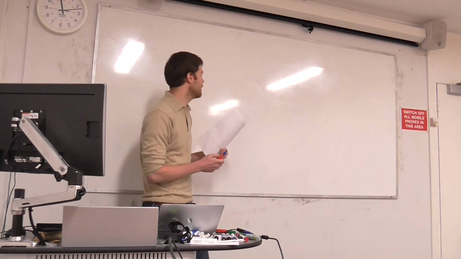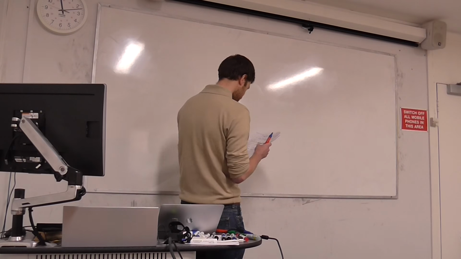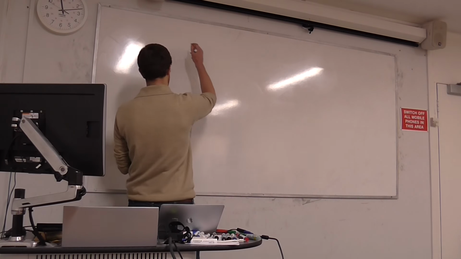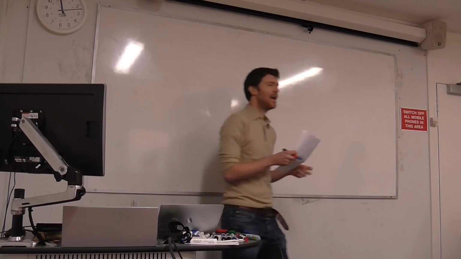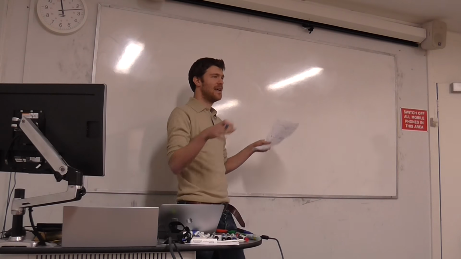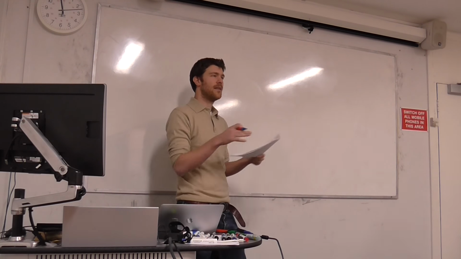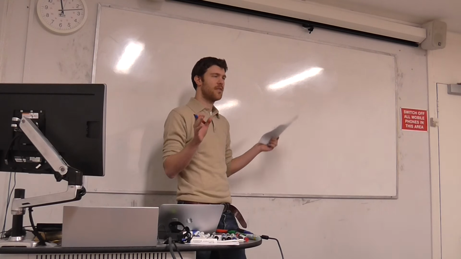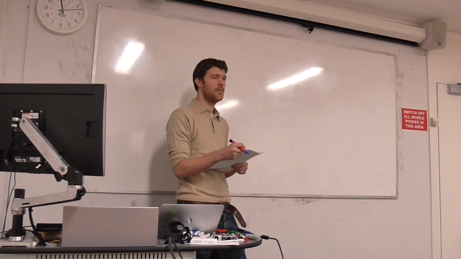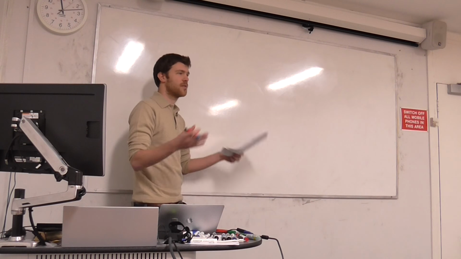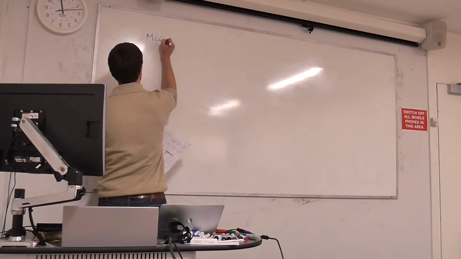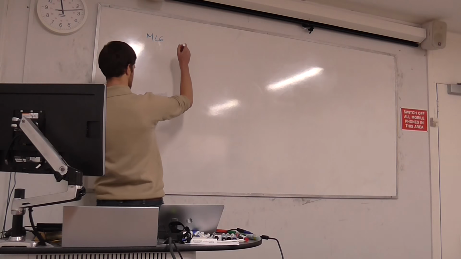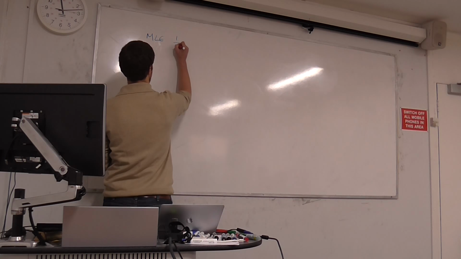So let's see how we traditionally did the training of generative models. We have, let's say, a model, and that relies on certain parameters. Let's call them theta, and we would calculate these parameters using maximum likelihood estimation.